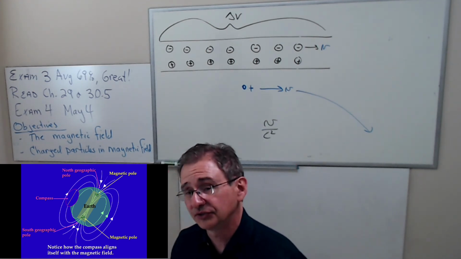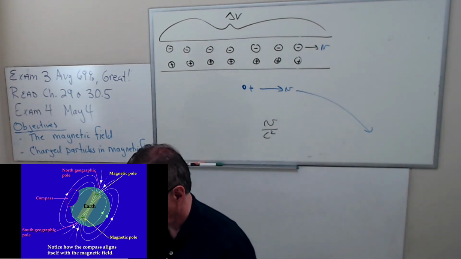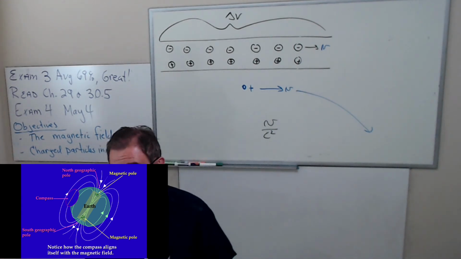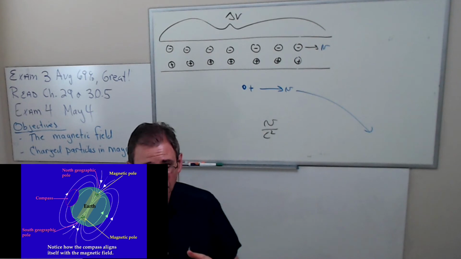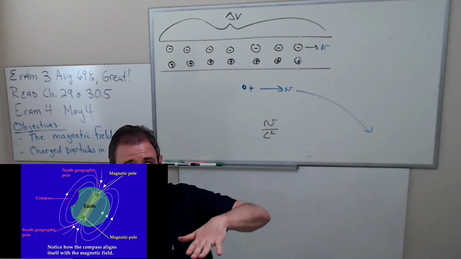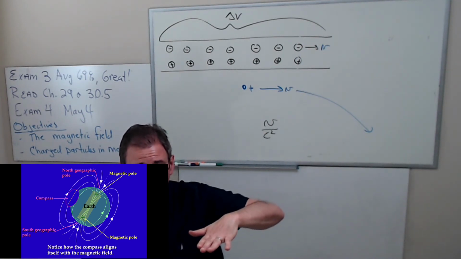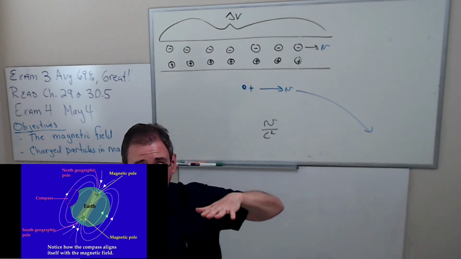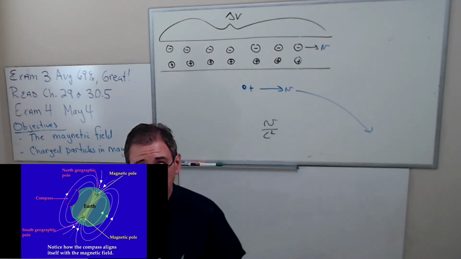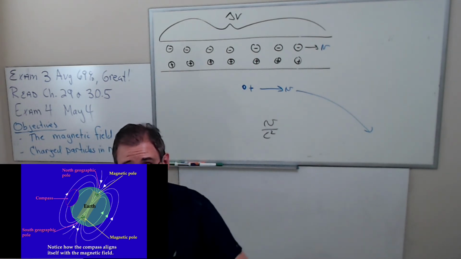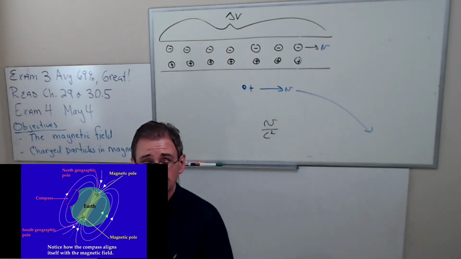There's also something called a dip angle. When you're using a compass, you're measuring the component of the Earth's magnetic field that's tangent to the surface of the Earth. The magnetic field of the Earth also has a component that's perpendicular to a plane tangent to the surface at your location.